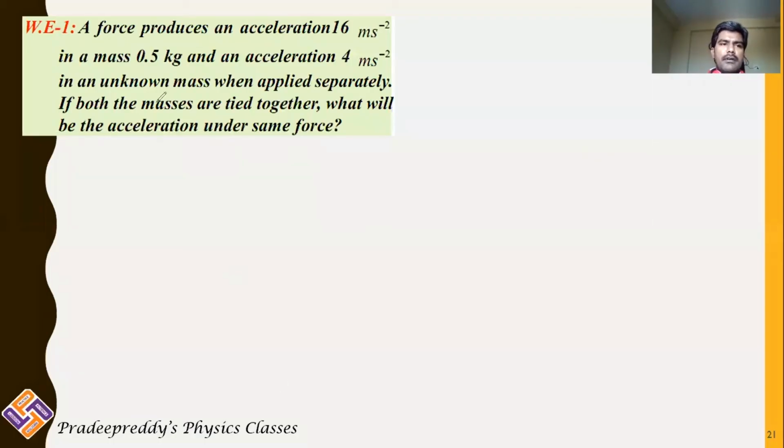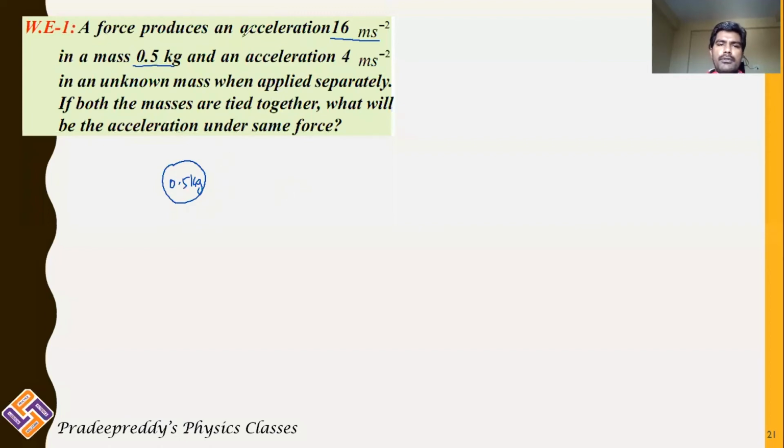Students, we have got one question here. A force produces an acceleration of 16 meter per second square. Whenever you are acting force on your body, it is causing some acceleration. For example, the mass of the object is 0.5 kg.